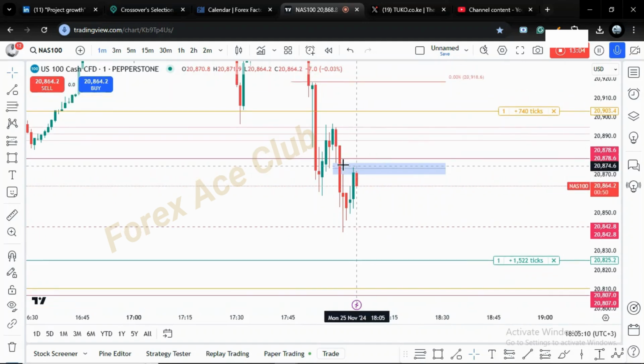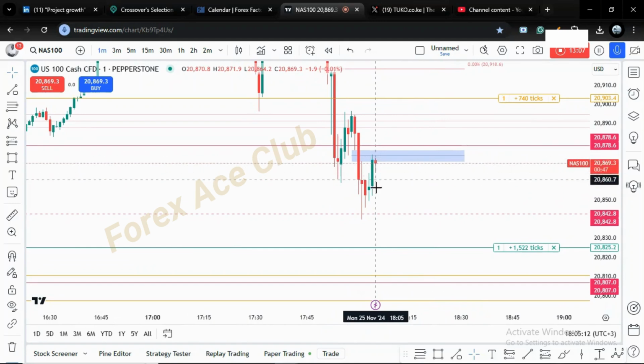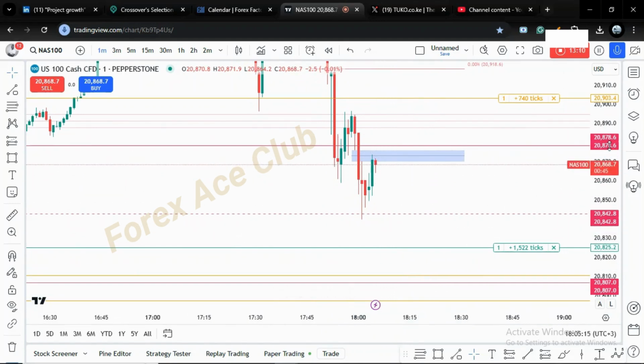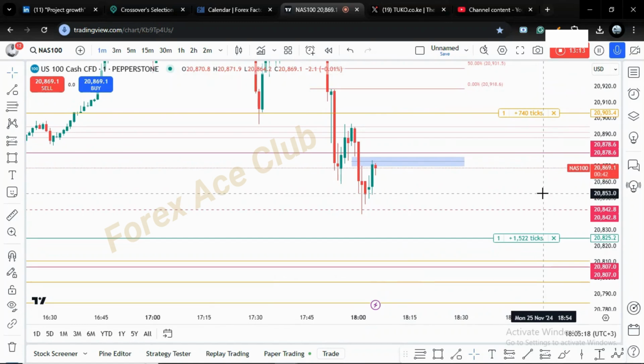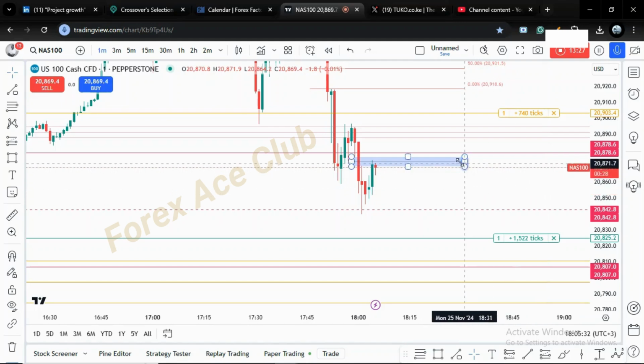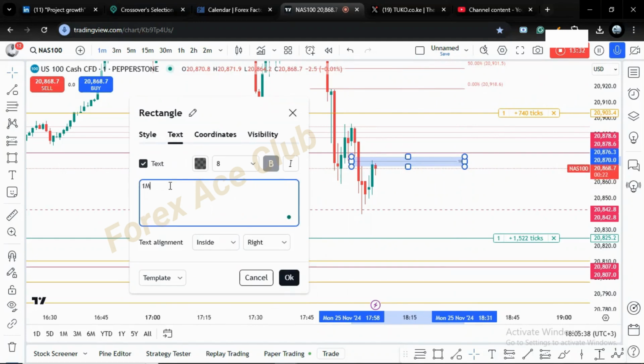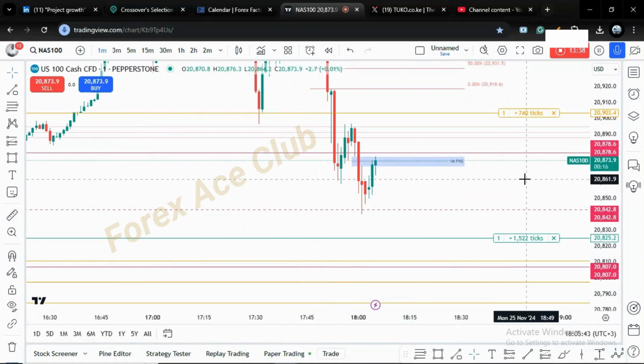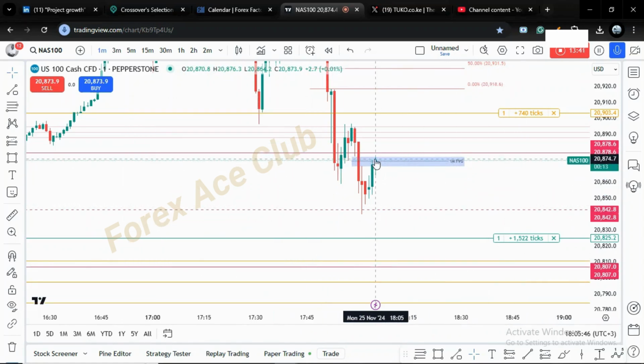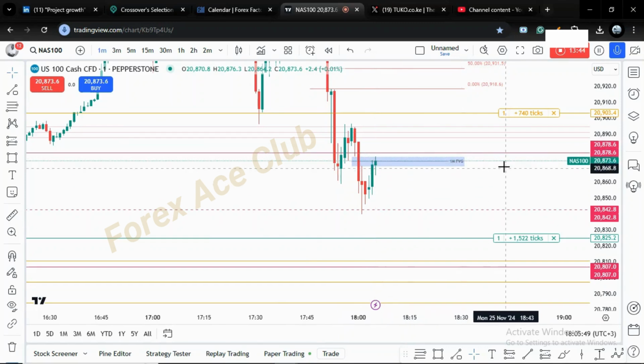So I'd like to see the upper portion of the inefficiency left open and used to fire price lower. If not, this is the high of the opening gap.